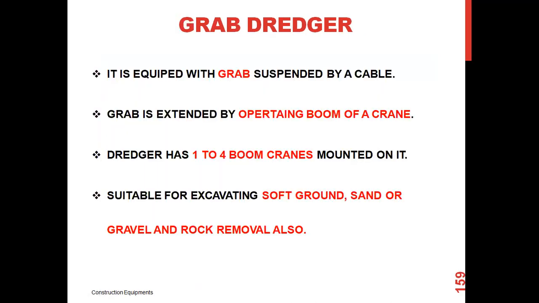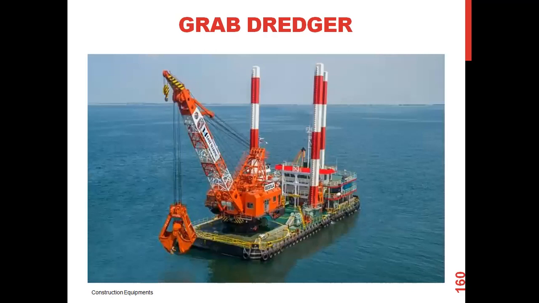The grab dredger is equipped with a grab suspended by a cable. The grab is extended by operating the boom of a crane. The dredger has 1 to 4 boom cranes mounted on it and is suitable for excavating soft ground or sand, gravel, and rock removal also. The grab dredger is in this image you can observe.